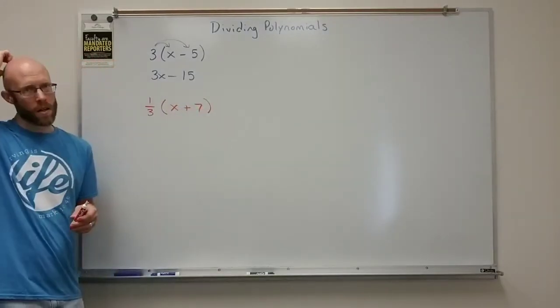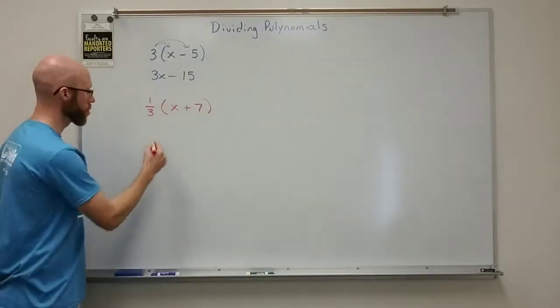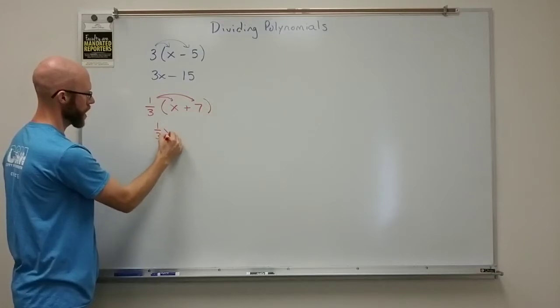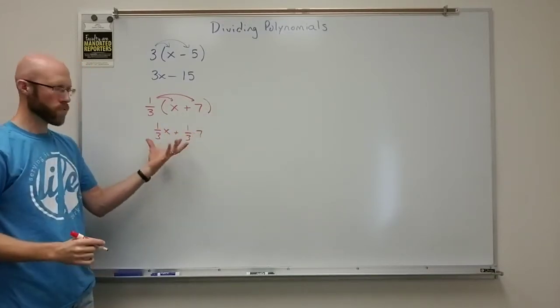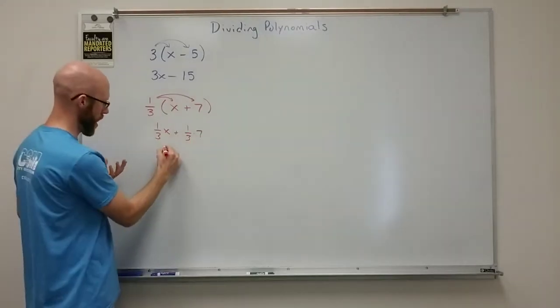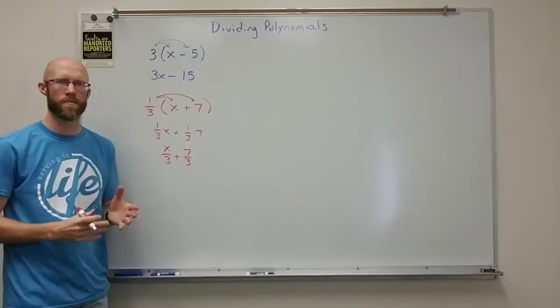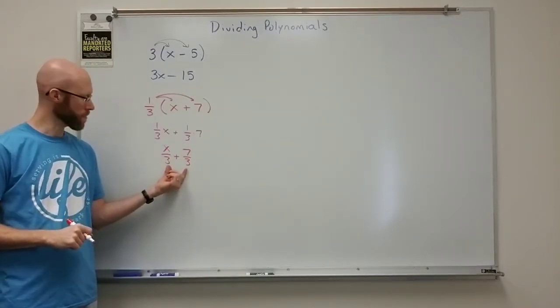And so here, when you distribute the 1/3, you end up having 1/3 x plus 1/3 of 7. And when you really combine those, what do we have? x over 3 and 7 over 3, essentially? And that'd be a way to write those each as a single fraction.